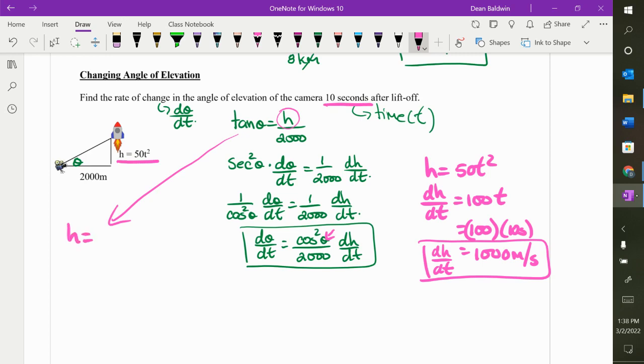So h is equal to 50 times 10 squared, which is 5,000. So our height is 5,000. So now I can put that into there. I have tan theta equals h over 2,000, which is 5,000 over 2,000, which is really just 5 over 2. Reduce it.